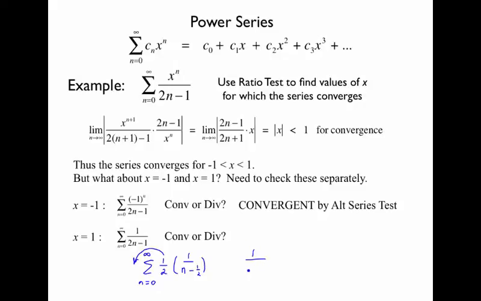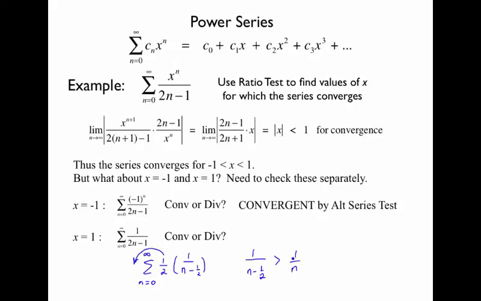How do the terms 1 over n minus 1/2 compare to 1 over n? It's greater, because you're dividing by a smaller number. So we have a series all of whose terms are greater than the series 1 over n.